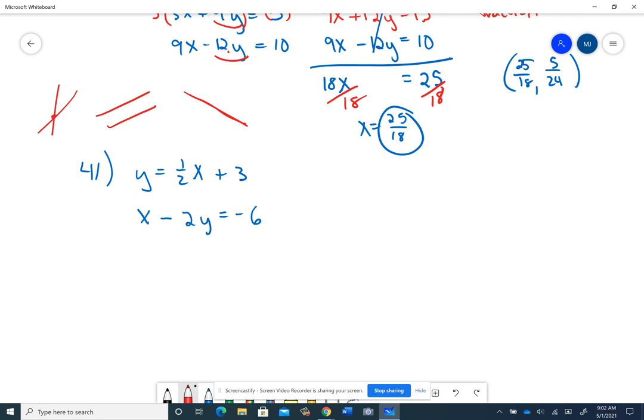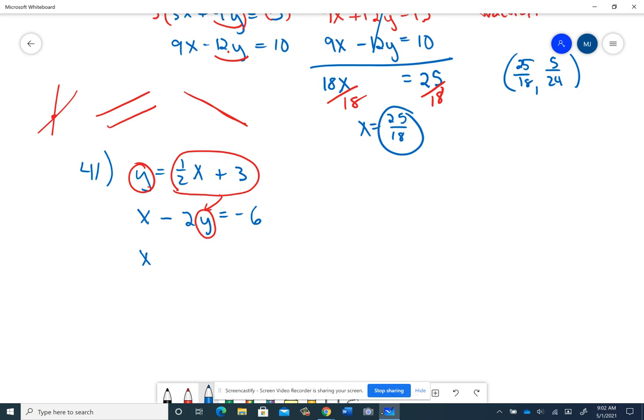With this one, the y was already by itself, so I'm going to use substitution. I think that would work best. So the equal sign means those two are interchangeable, and then we're looking for points of intersection. So at the point of intersection, these y's would be the same.